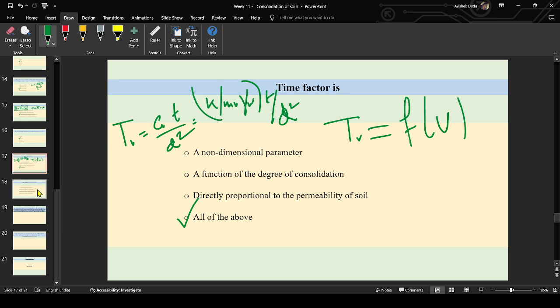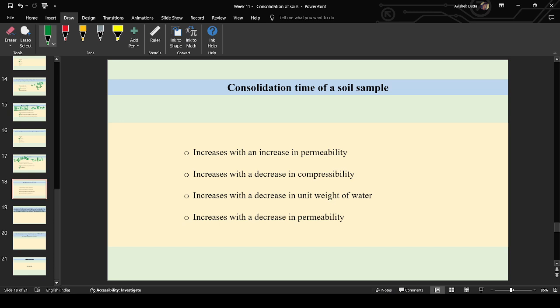I think a similar question is here. Consolidation time of a soil sample: what happens? You can tell me, I'm just writing it here anyway. t = TV d square by CV, equals TV d square divided by what is CV?